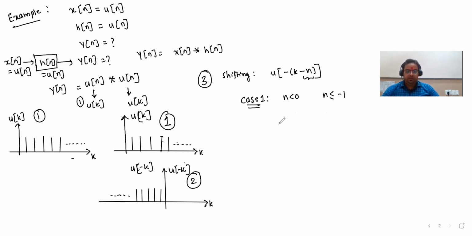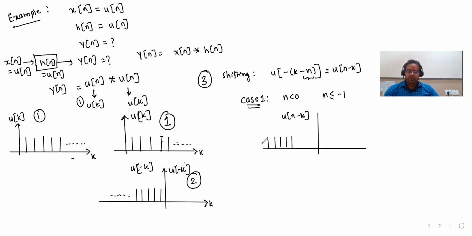So this essentially becomes u of n minus k, and if I want to draw u of n minus k here, it will look something like this.